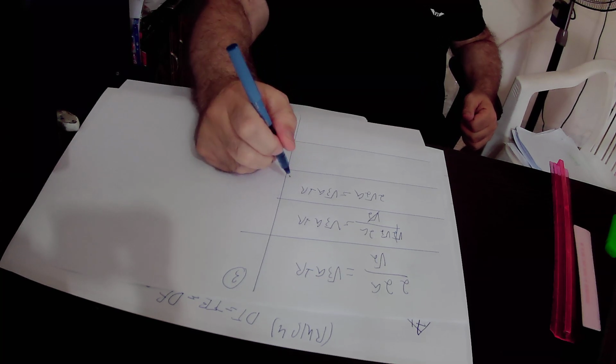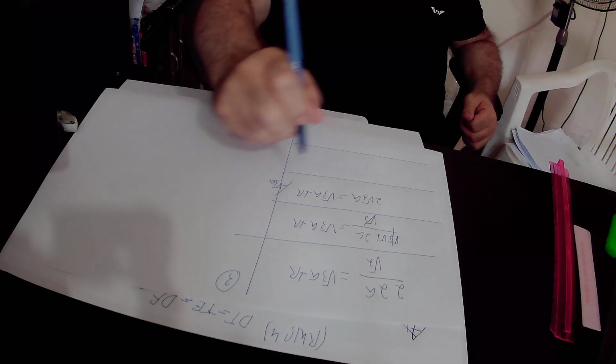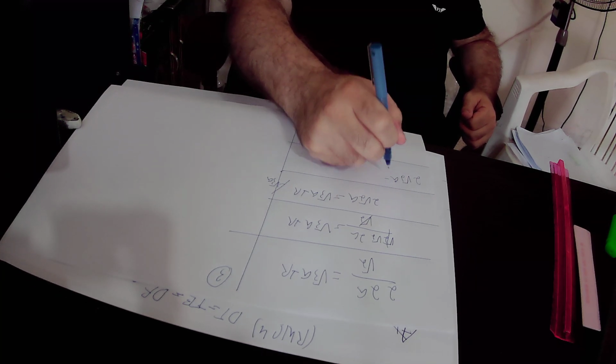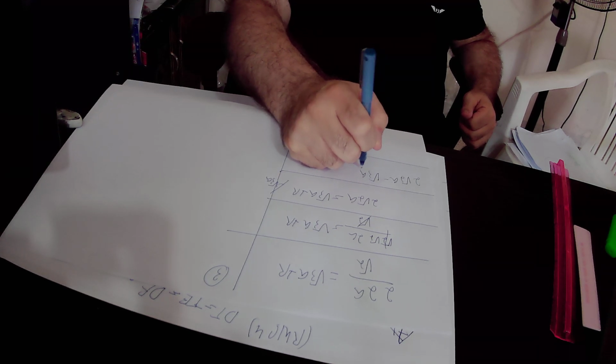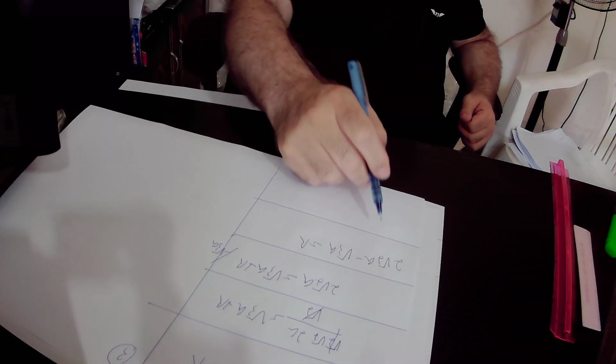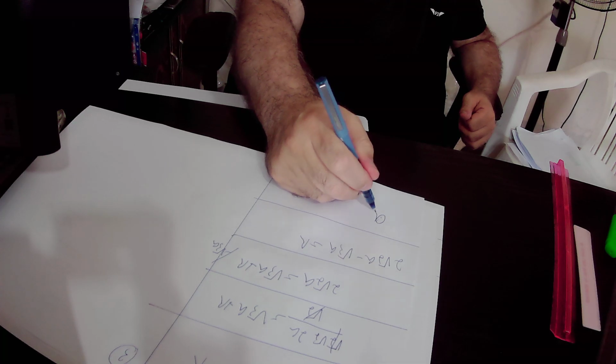Here we subtract square root of 3 times A from this equation and we'll get that 2 times square root of 2 times A minus square root of 3 times A is equal to R. So here we take A as a common factor out of those two expressions. So A is a common factor.